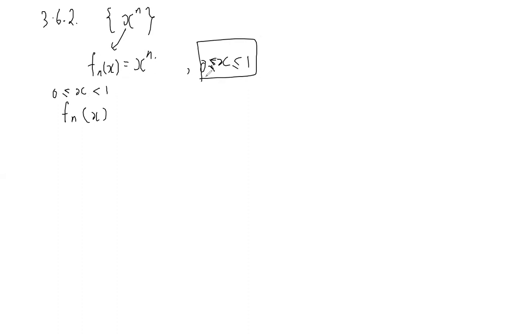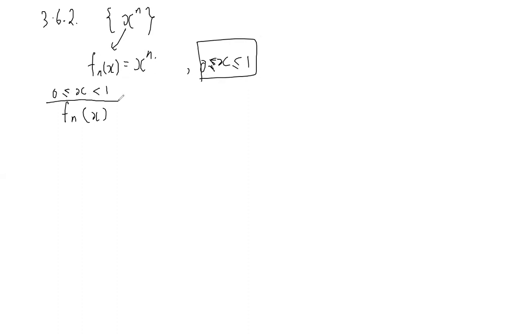This is my f_n(x), and my x is bounded for this case. Now there are two cases here. If my x is a value from 0 to some value less than 1, note this carefully, this is not including 1.